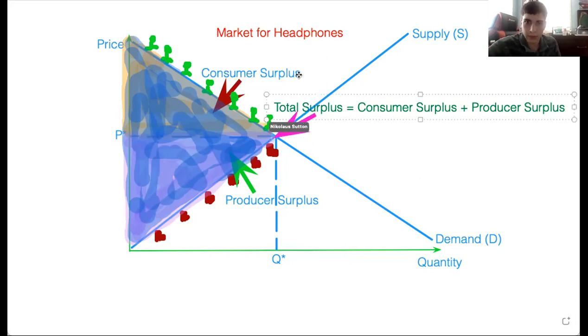There we go. So again, just to review, they'll give you numbers to solve out for consumer surplus.